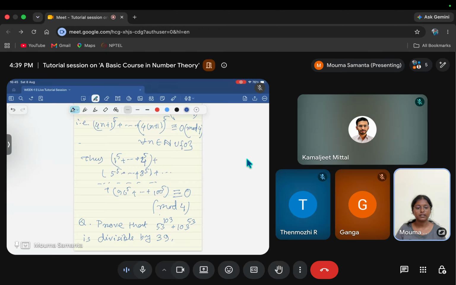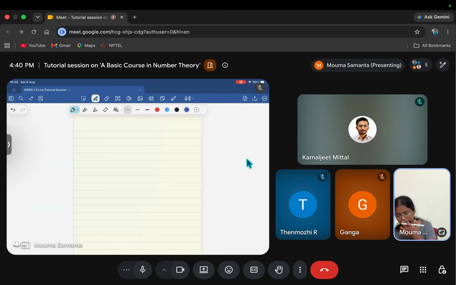So what is it asking to show? It is asking that when we divide this sum by 39, we get the remainder 0. So what does it mean? Okay, let's give you some further hint. 39 equals 3 into 13.